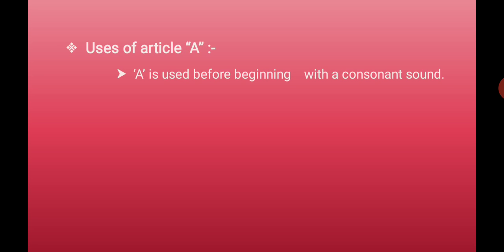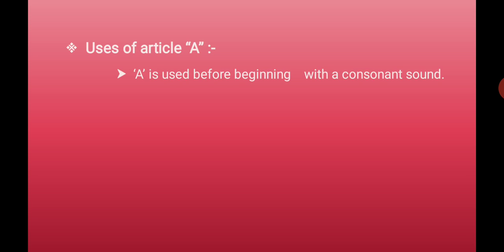First is a very basic rule. A is used before a word beginning with a consonant sound. And what are the consonants? There are 21 consonants in the English alphabet. Words beginning with the consonant sound take A in writing.